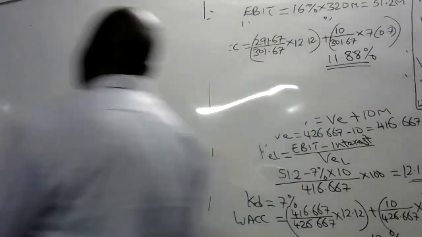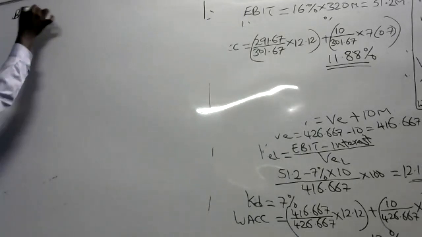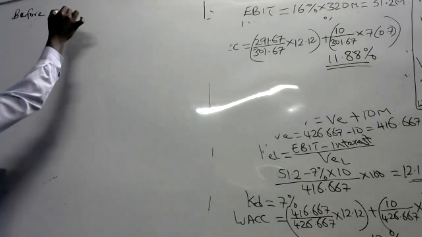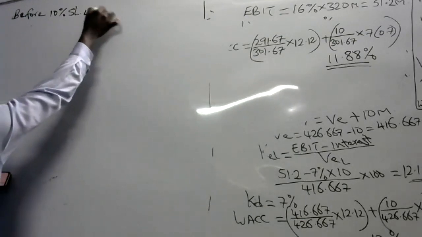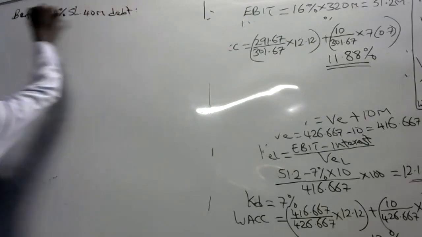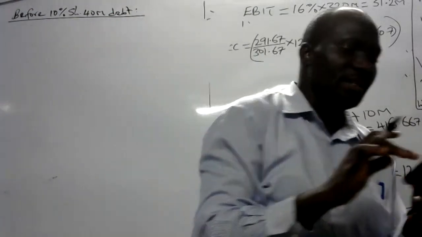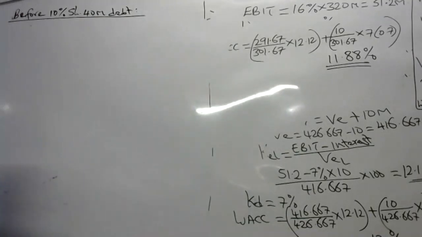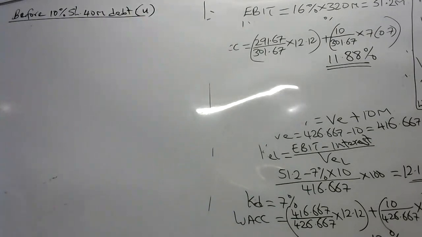So to answer, we start with before debt. So before, debt was of how much? Before, 10%, shillings 40 million debt. So therefore, the firm is what? Levered or unlevered? The firm is unlevered.